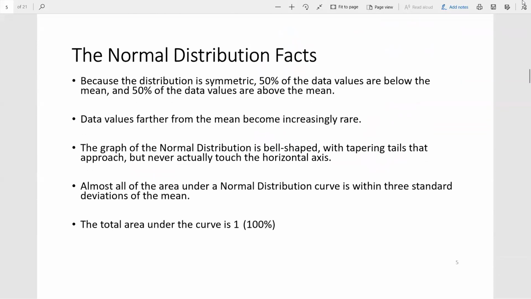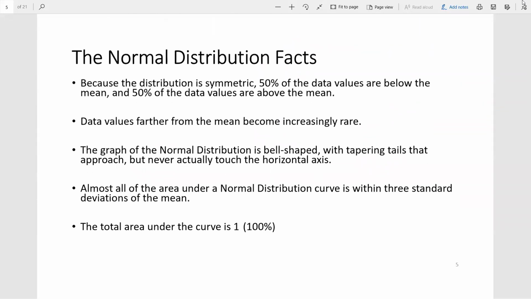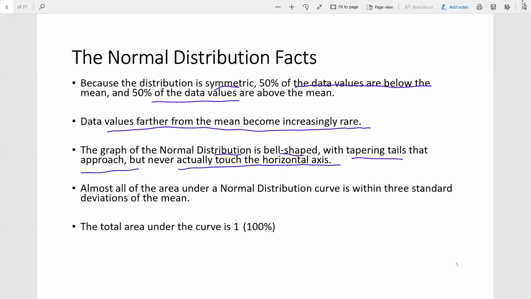Here are some normal distribution facts. As we just said, because it's symmetric, 50% of the data values are below the mean, 50% are above the mean. Data values further from the mean become increasingly rare. The graph of the distribution is bell-shaped with tapering tails that approach but never actually touch the horizontal axis.